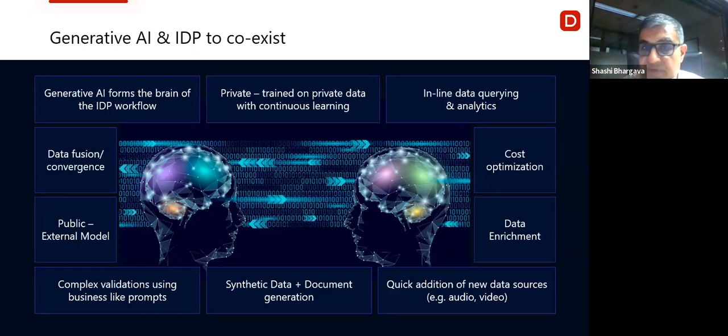Another important feature which we see coming in the IDP is inline data querying and analytics. Let me go a little deeper into that. By inline data querying, I mean, suppose you're processing a health claim. You've already predefined some 50 or 100 fields to be captured. But after seeing the results of these 100 fields, you may have certain more questions to ask, which were not necessary to capture upfront, but on a particular health claim, someone may like to ask certain questions about that document.